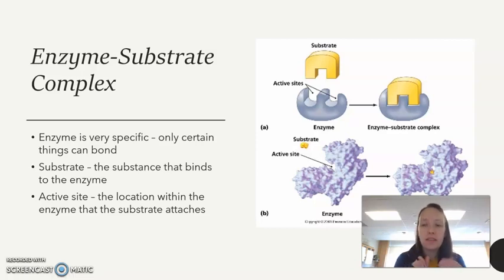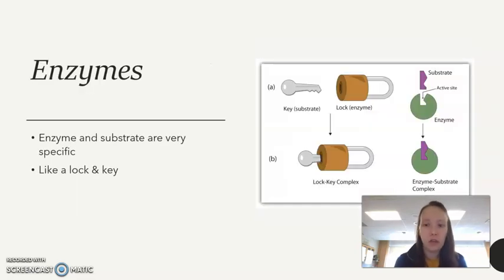Now, an example of this in action would be, say, lactase, right? So lactose, we talked about being a disaccharide. It is two simple sugars, two monosaccharides bound together, and our body needs to break those two pieces apart.